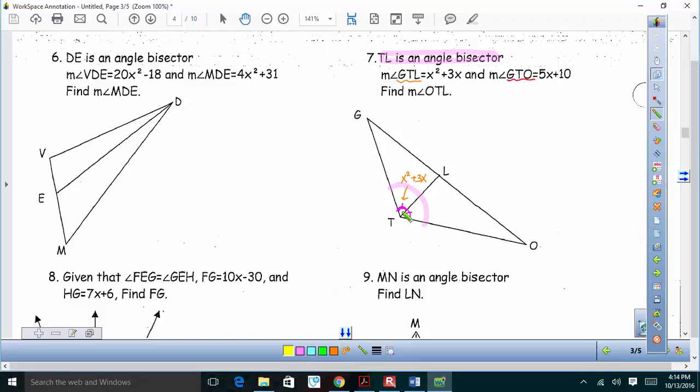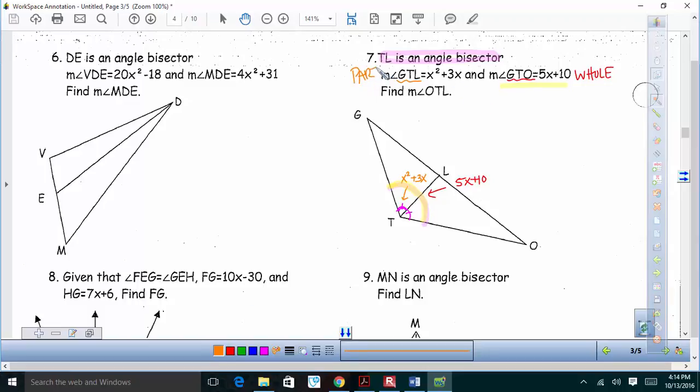Actually, let me highlight that in a different color. This whole angle right here is 5x plus 10. So this was a whole, and GTL was a part.